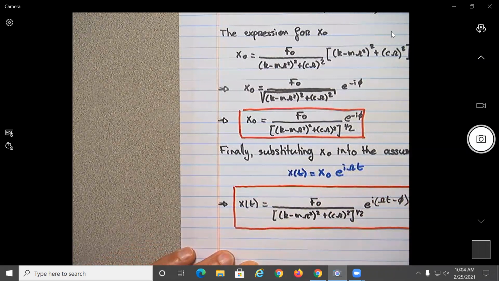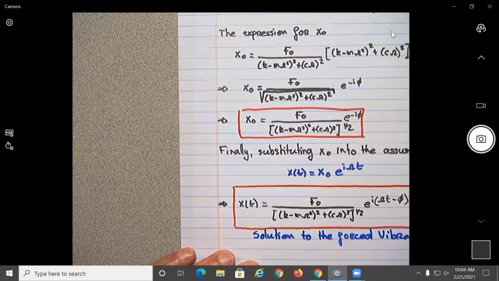So this is the solution to the forced vibration.